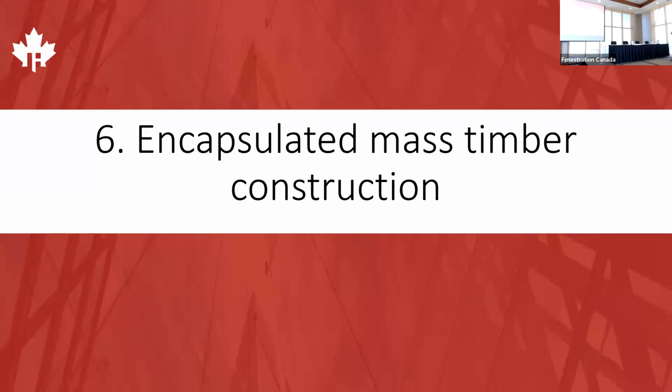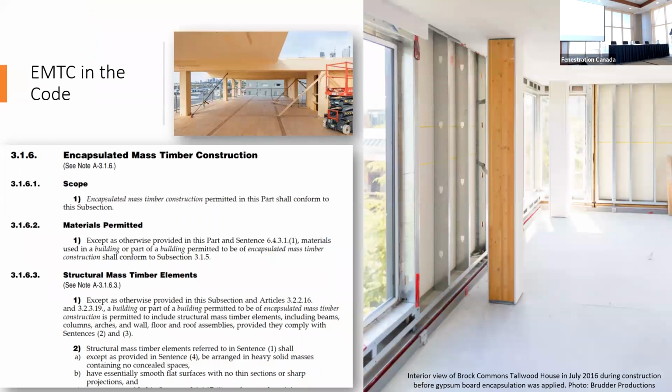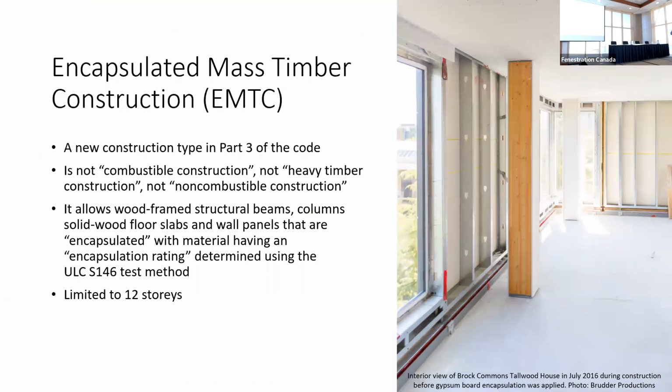So I'll just touch on encapsulated mass timber construction briefly because we've made a lot of progress in the code. There's a whole new subsection devoted to this kind of construction. Essentially you can build solid wood buildings, wood frame structural beams, columns, floor slabs, and panels. It's called encapsulated. The whole idea is that you can wrap the wood in material that will protect it long enough for the fire to be put out.